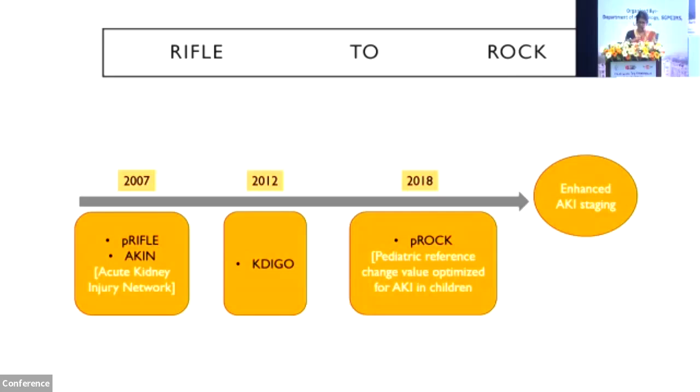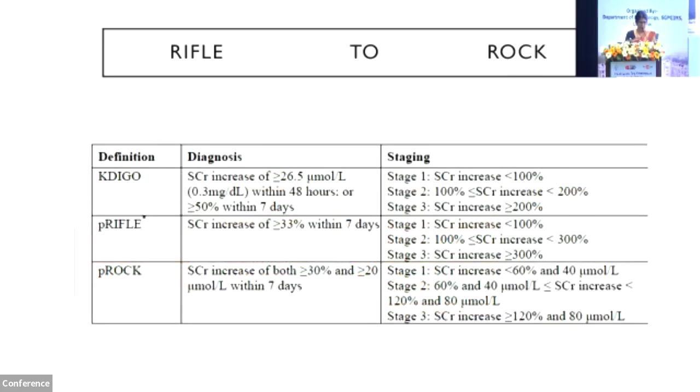And this is a comparative table where you see the 3 criteria, the KDIGO, the P-RIFLE, and the PROC. And I'm just using the comparisons between the serum creatinine-based criteria. Using the PROC, the incidence of AKI was 50% less compared to that observed using KDIGO.